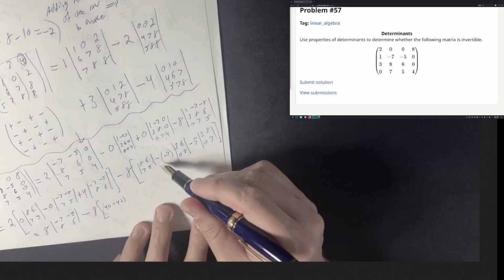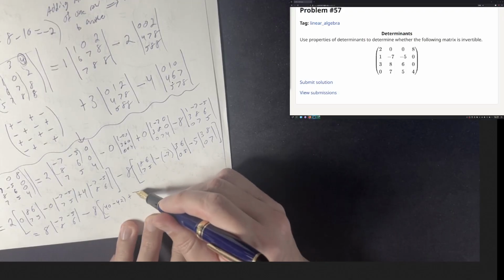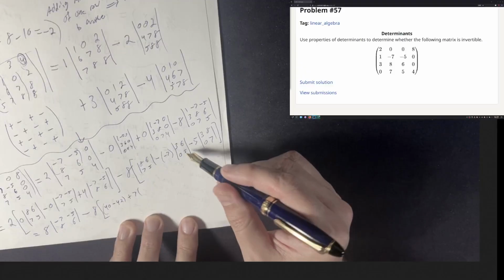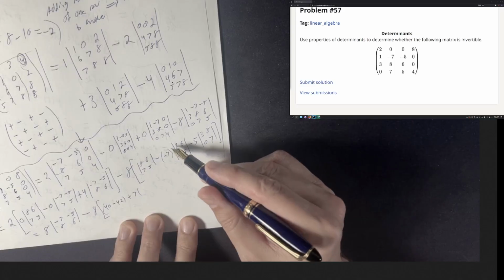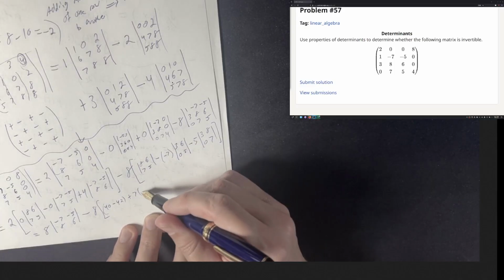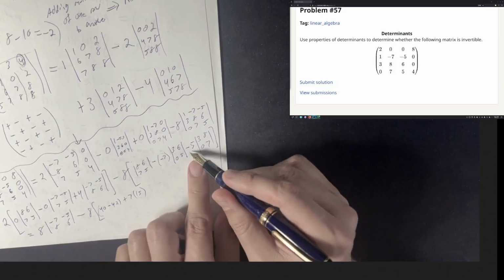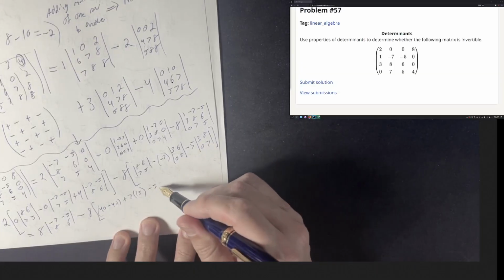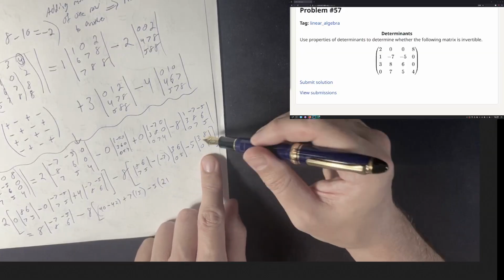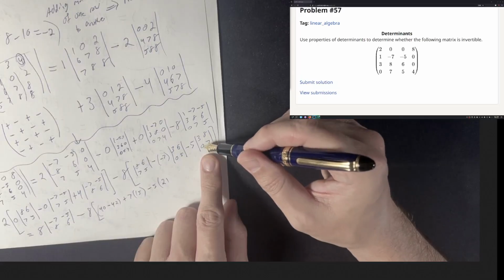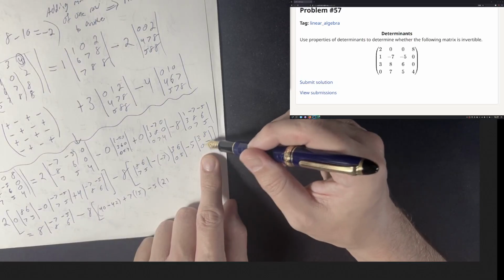Yeah, that's right. Plus 7 times, what is this, 15? 3 times 5 is 15, but you're doing 15 minus 6 times 0, right? So 15. And then minus 5 times 3 by 7 is 21. It's 21 minus 0, right? 3 times 7 minus 8 times 0. So 21 minus 0.